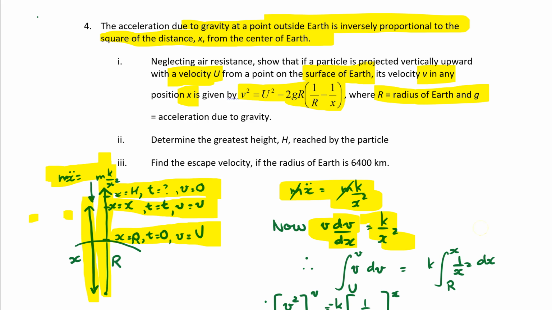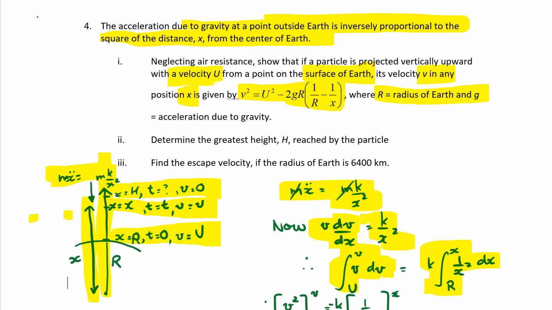So we've got this part here, and then we'll gather the v's to one side, the x's to the other, and put in our limits. So we've got this bit here. I haven't put v equals 0 just yet. I've just been working with v, and I'm going from r up to some height. So I'm getting a general equation first.